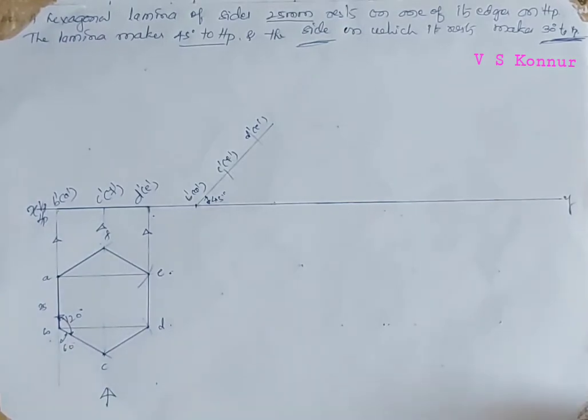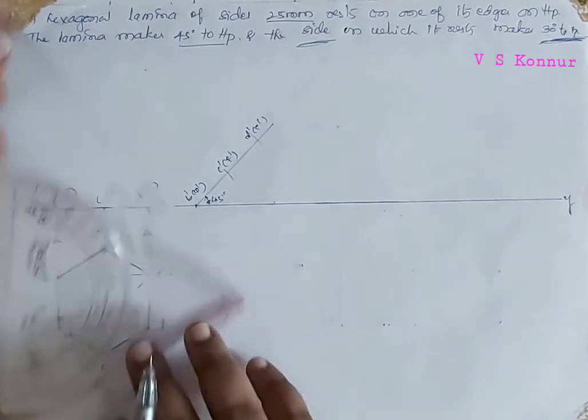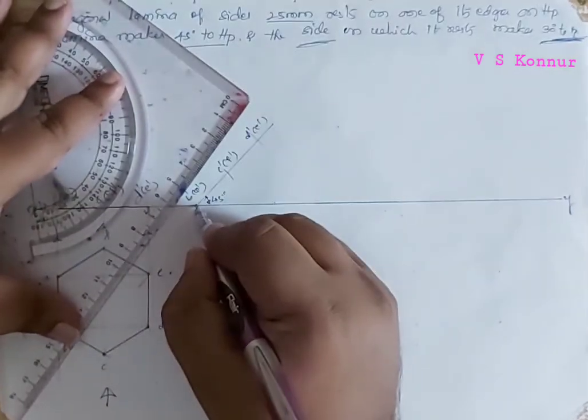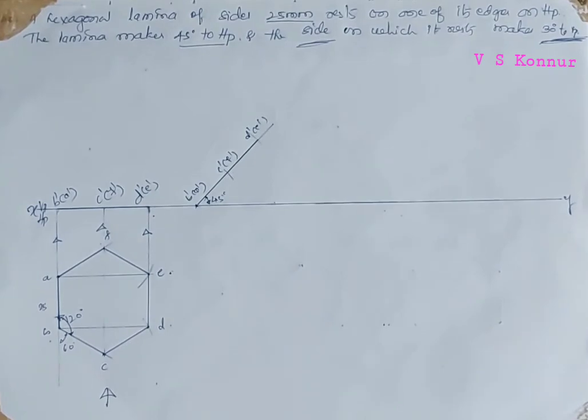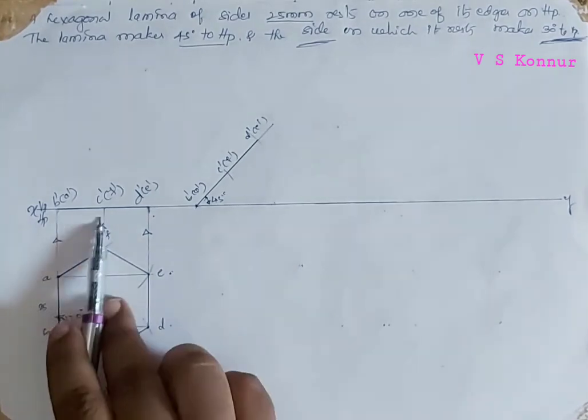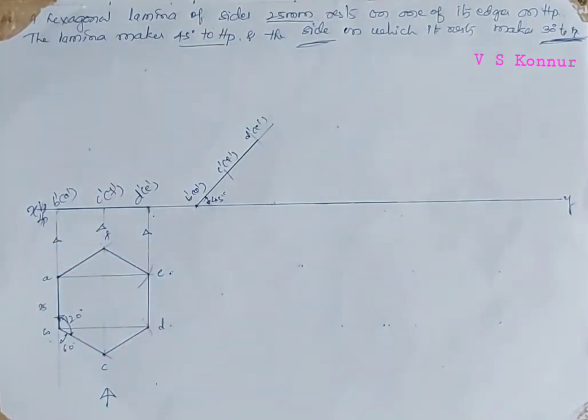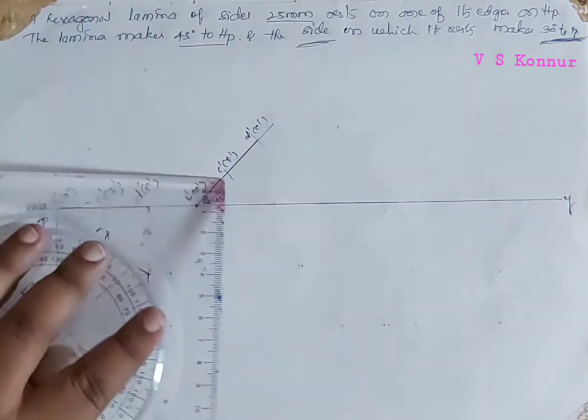Only we'll dark that part. Right, that is the lamina which is inclined 45 degrees. This lamina is inclined 45 degrees with HP, but we have to draw it in VP. Now we'll draw the projectors.